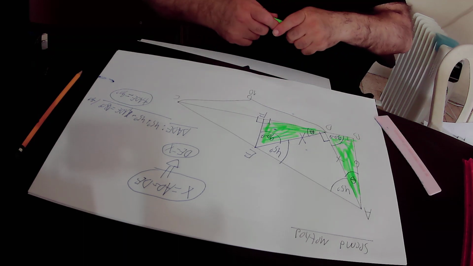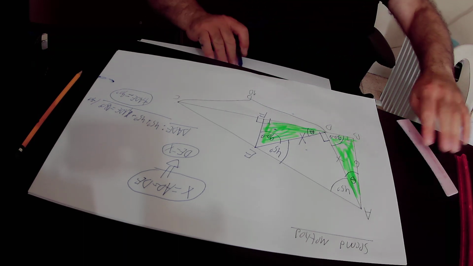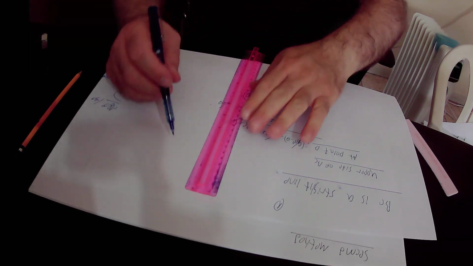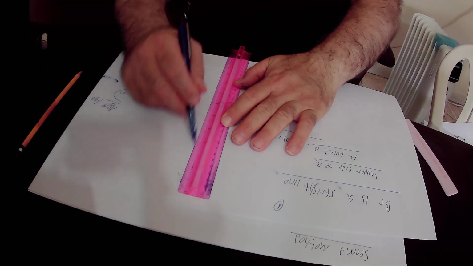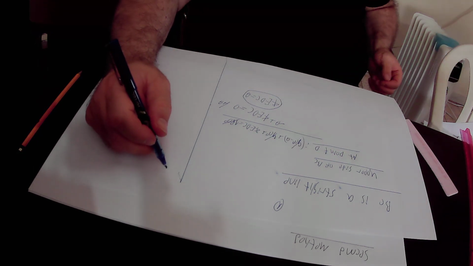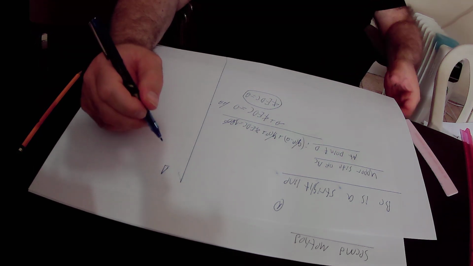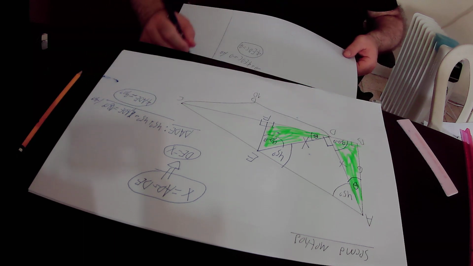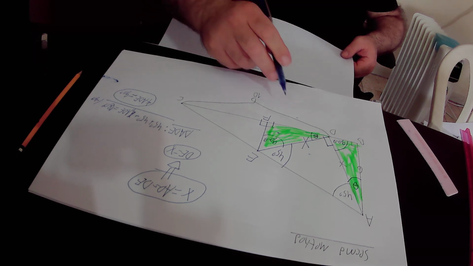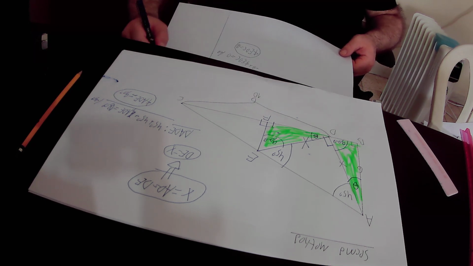Okay, so I write it down. We'll prove that the right triangle ABD is congruent to the right triangle EDF, according to angle side angle rule.